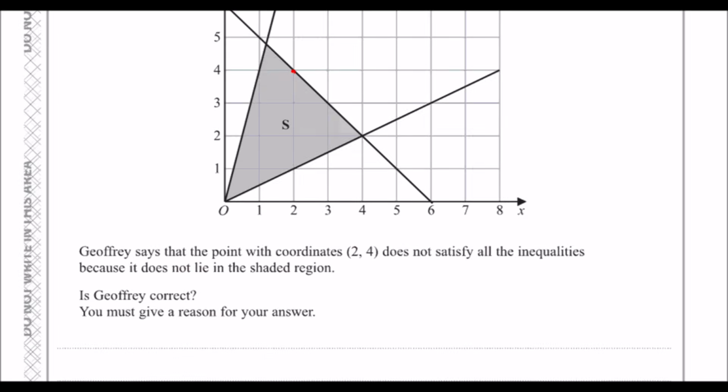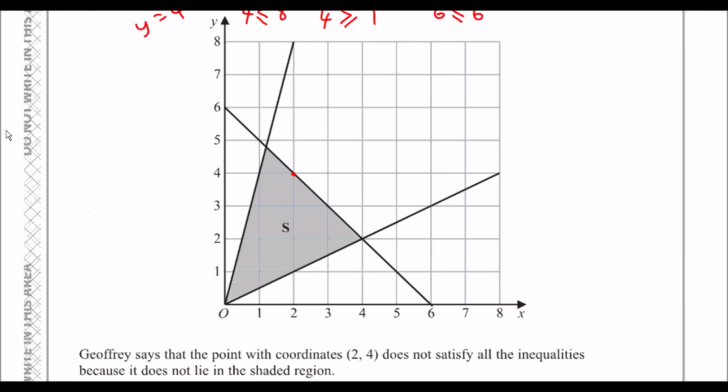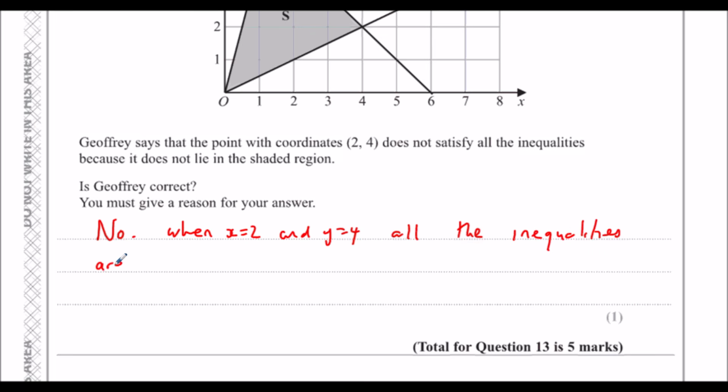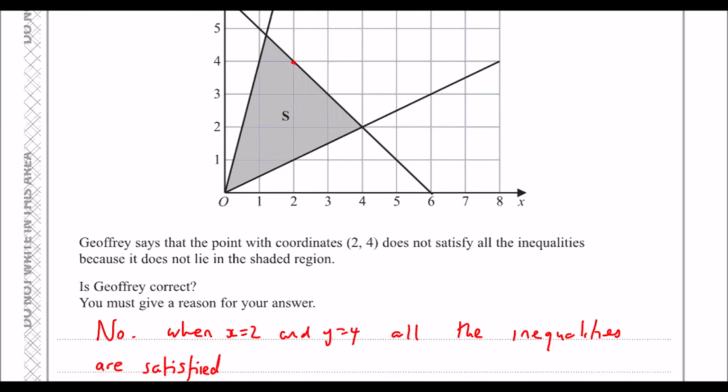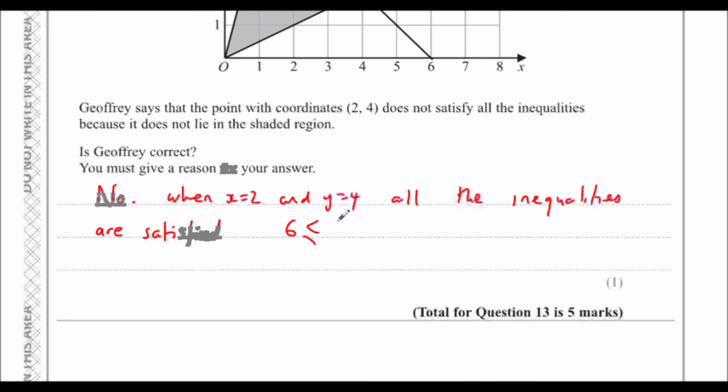So it does satisfy all the inequalities. So Jeffrey is not correct. When x is 2 and y is 4, all the inequalities are satisfied. And 6 is less than or equal to 6 is true.